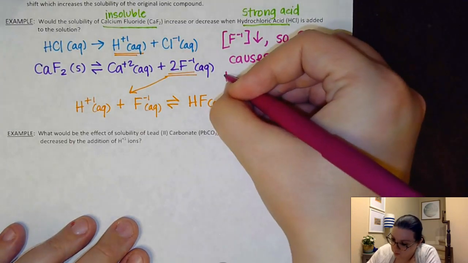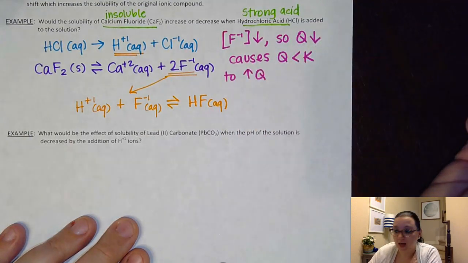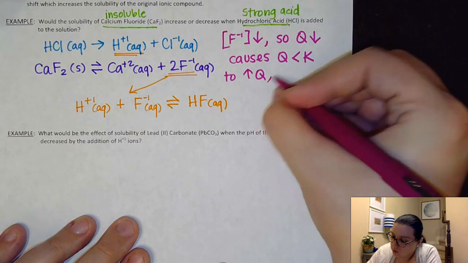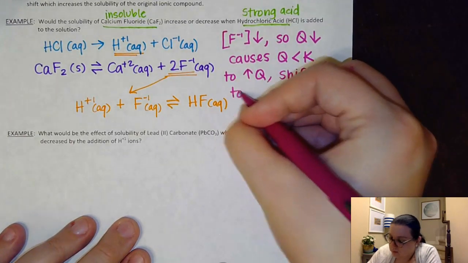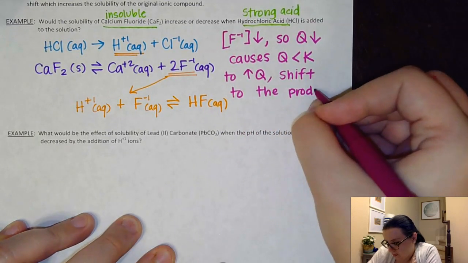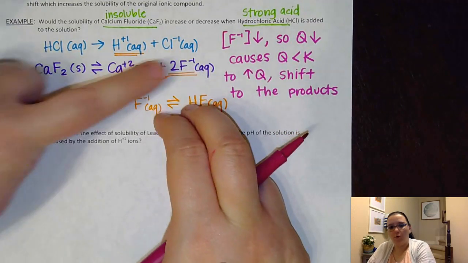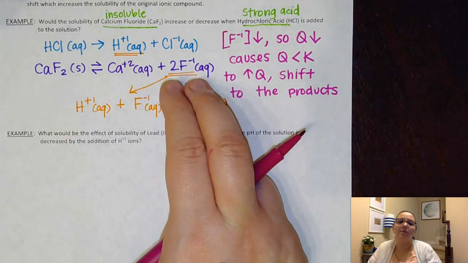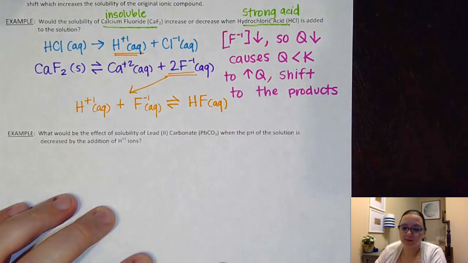So in order to increase Q back to where they equal the K, I would need to shift to the products. Which again should make sense because we know we shift towards what we remove to replace it. So if I'm constantly removing the fluoride, I'm going to be shifting to that product side.